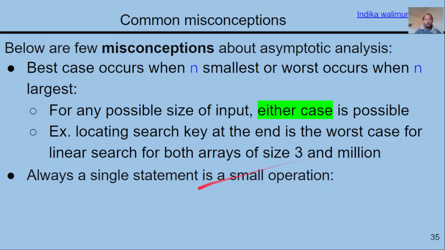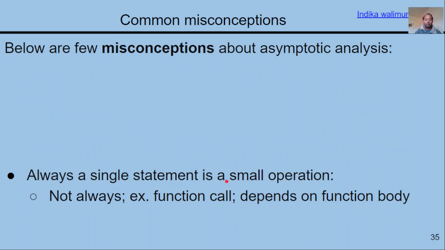All right, so there's another misconception: that a single statement is always a small operation. No, not always. For example, a function call depends on the function body. If the function body has only a single operation, then we can call it a small operation.